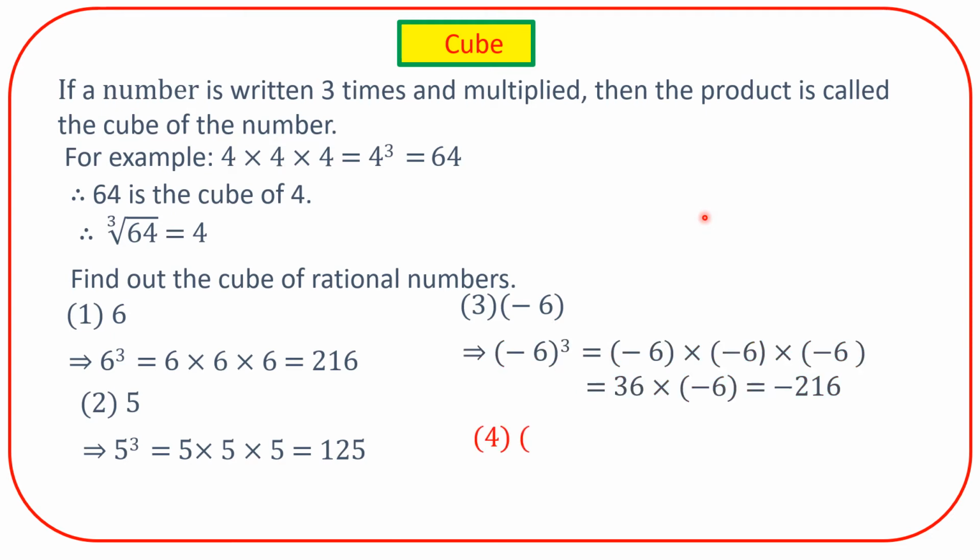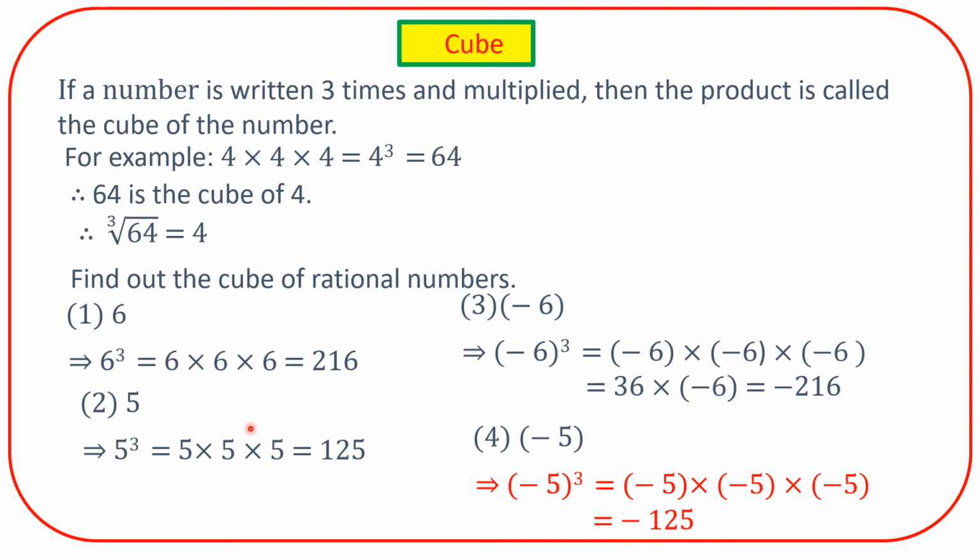We take another example, minus 5. Minus 5 cube is equal to minus 5 into minus 5 into minus 5. Minus 5 into minus 5 is plus 25, into minus 5, that is equal to minus 125.